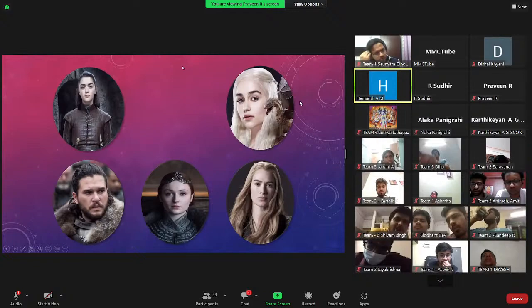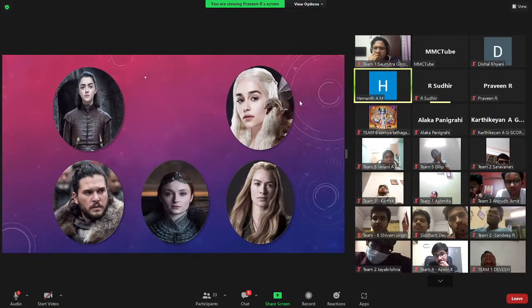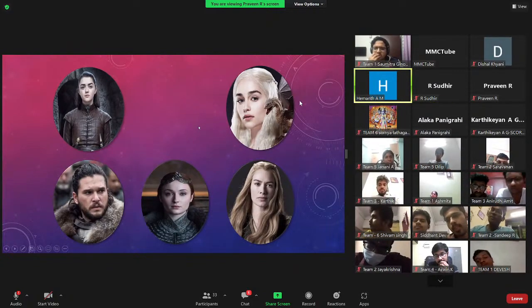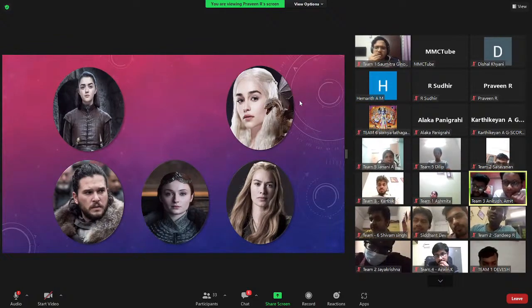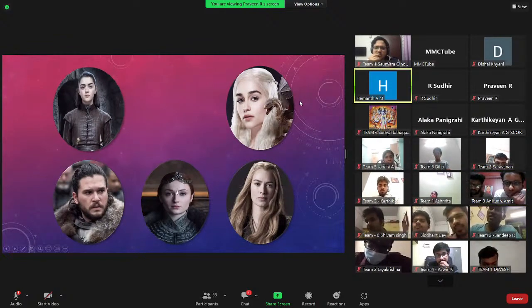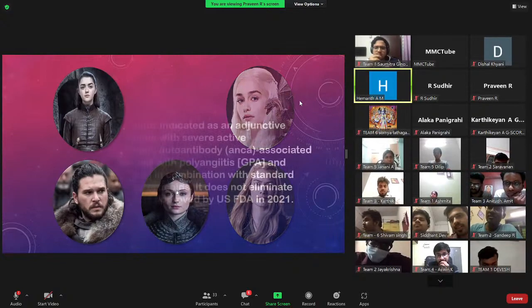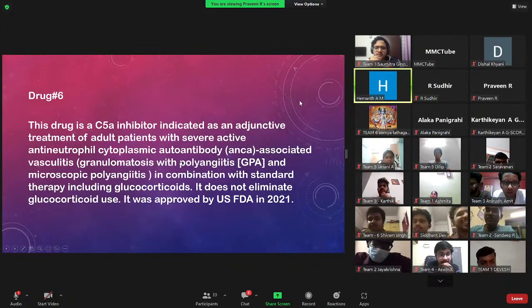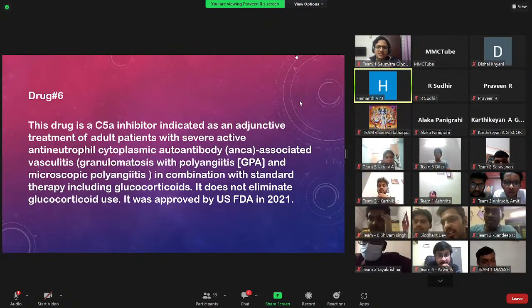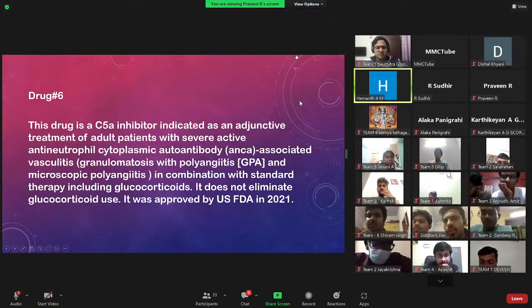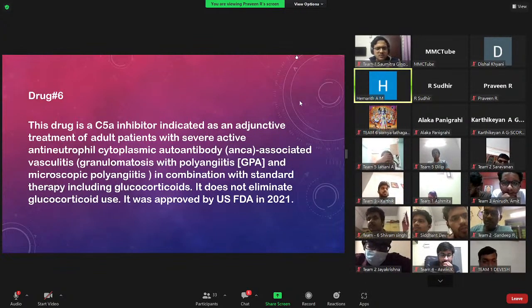Okay. Next question. Team 3, choose your hyperlink, please. Sansa Stark. Okay. This is a drug, which is a C5a inhibitor indicated for adjunct therapy for adult patients with severe ANCA-positive vasculitis, like granulomatosis with polyangiitis and microscopic polyangiitis.